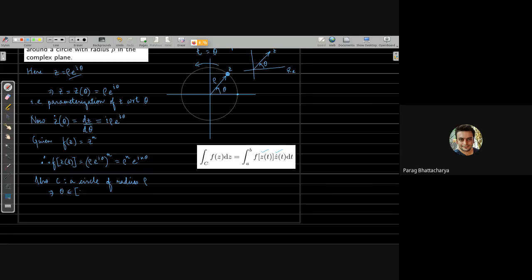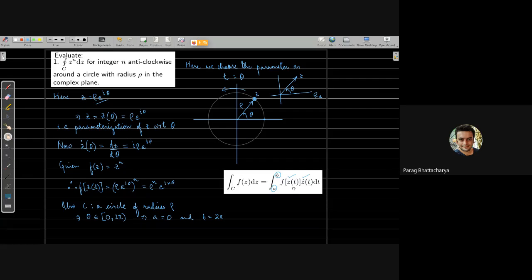That means your starting point is 0, and you come back after one full cycle. Completing one full cycle is going to be 2 pi radians. So this implies the lower limit a is going to be 0, and the upper limit b is going to be equal to twice pi. Is that understood?